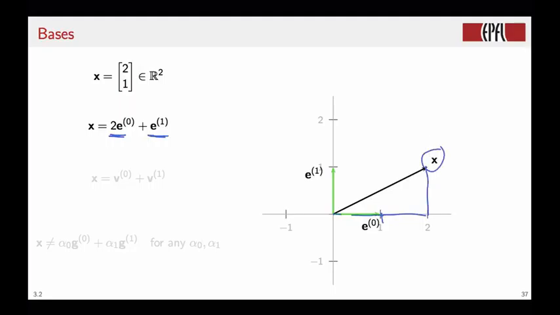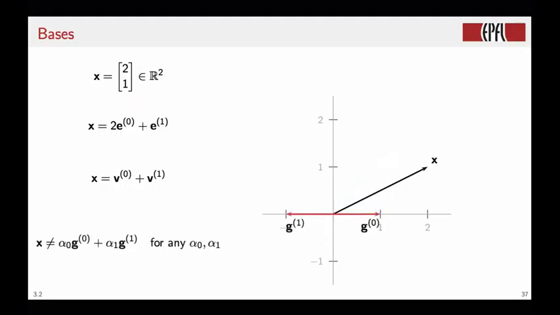And we can also do this more generally with two vectors that are not collinear, so they are linearly independent, like v0, which is equal to e0, and v1, which is equal to e0 plus e1. And we can also write any vector as a linear combination, unless we take two vectors, for example g0 and g1, which are collinear.